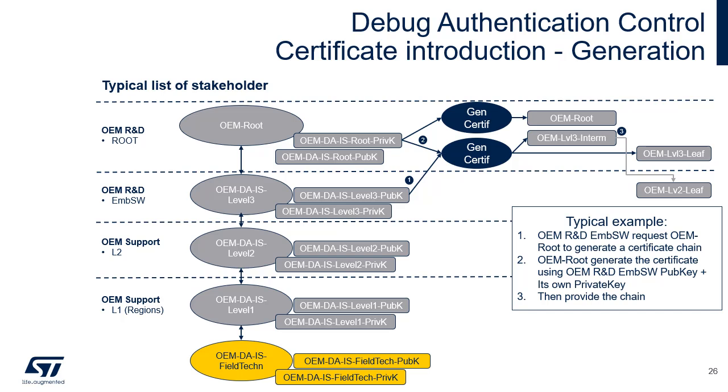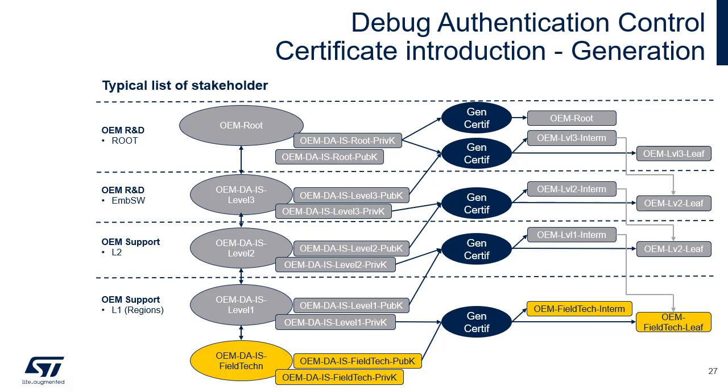It's obtained by requesting the OEM root to generate a certificate chain. The OEM root generates the certificate that includes the OEM R&D embedded software public key. It's signed by using the OEM root private key. This certificate will be used by the challenge response protocol that enables the debug of OEM embedded software.